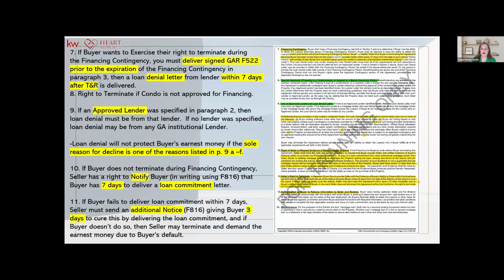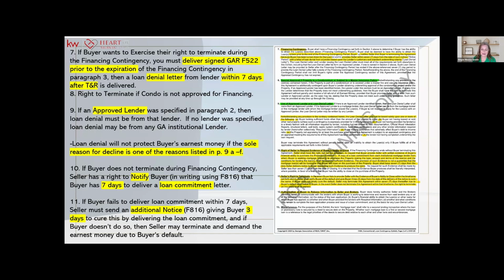But this is a very limited right in paragraph 10 and 11 for sellers. They're not going to know to use it unless you, the seller's agent, help them know to use it and help them prepare the docs necessary.